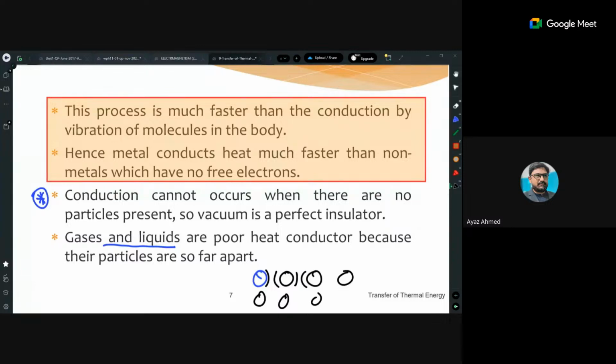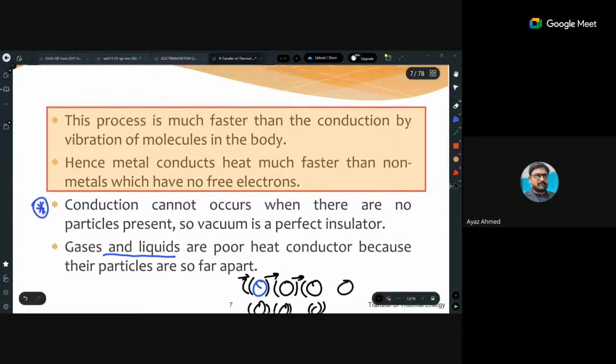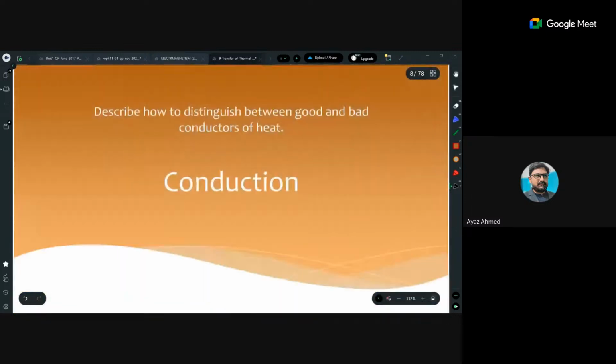Are you people agreed? Yes, sir. So understand that in liquids and gases the molecules are apart from each other. That's why due to vibration they cannot interact with each other. When they are not able to interact, they are very poor conductors. Okay, so is this all clear?